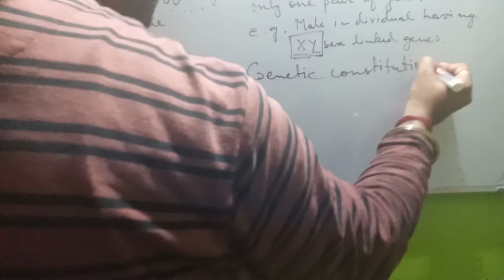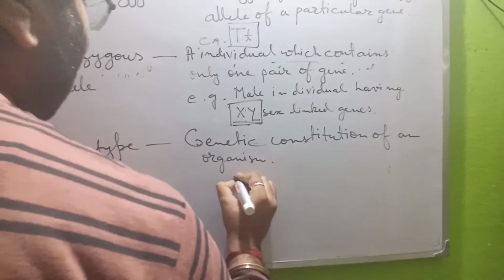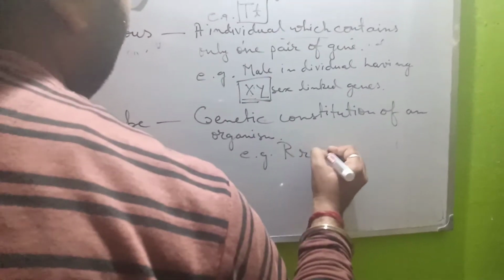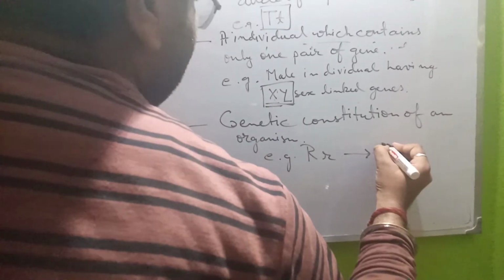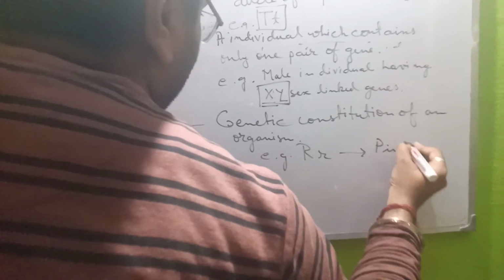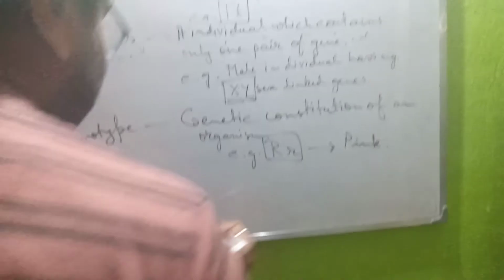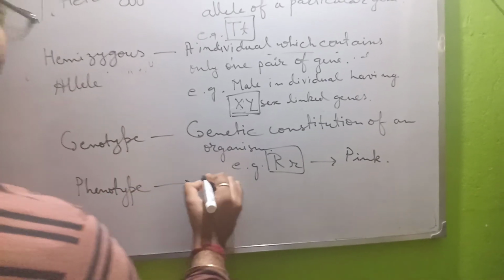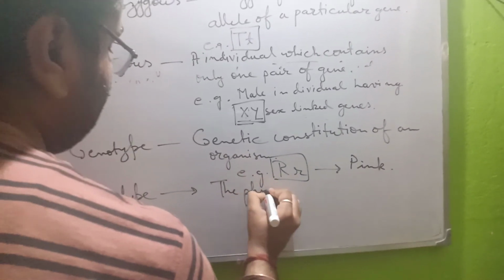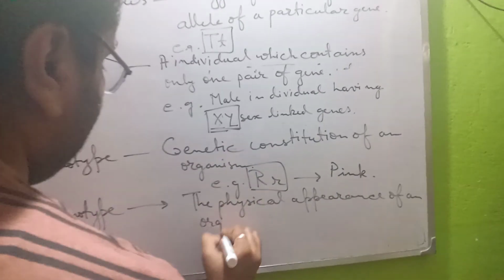Example, capital R and small r represent pink, but normally what is the genetic constitution? Capital R and small r. Even we can say phenotype. Phenotype means the physical appearance of an organism.